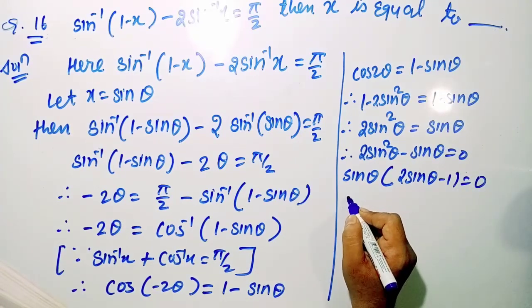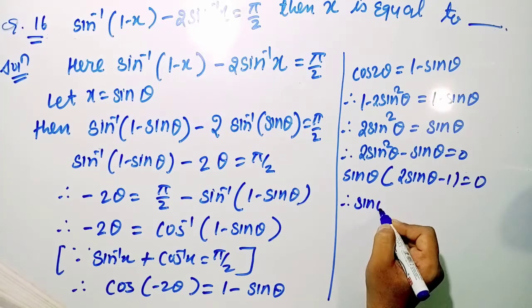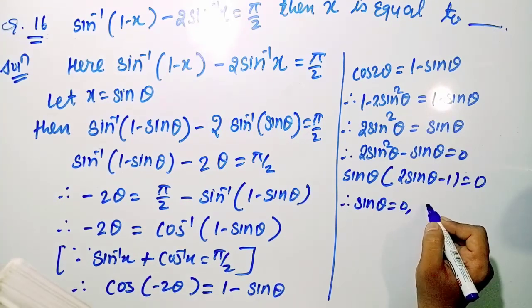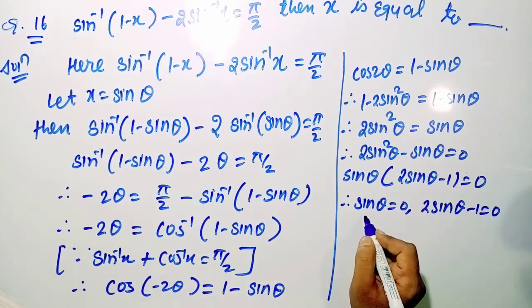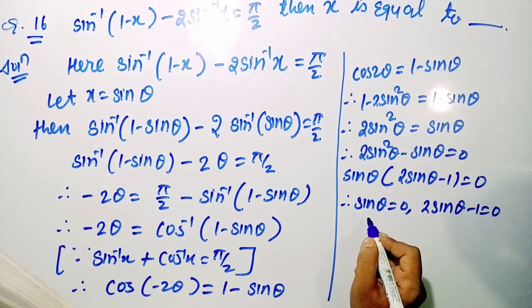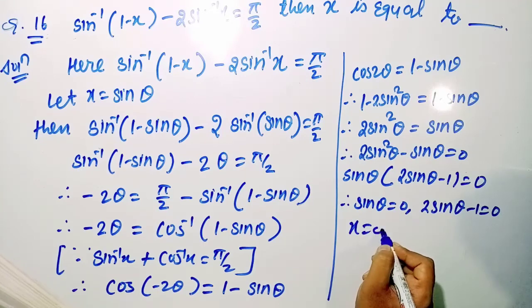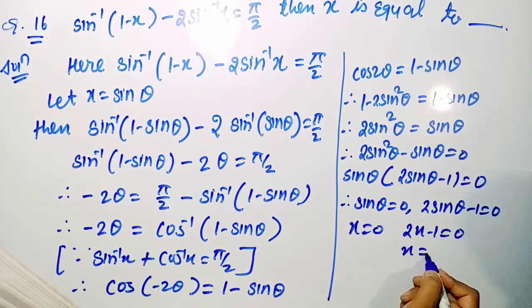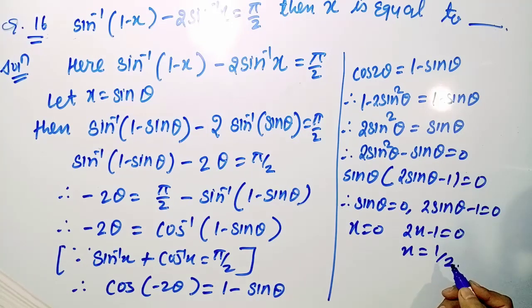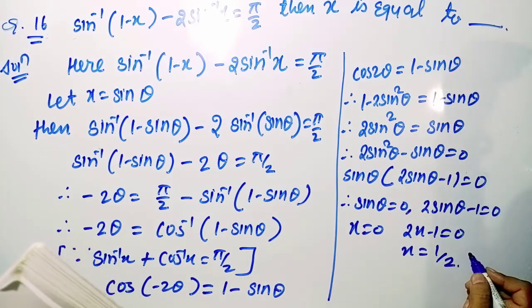Here it is, sin theta is equal to 0, and 2 sin theta minus 1 is equal to 0. So sin theta is equal to 0 over here, right? So we can write x is equal to 0 and 2x minus 1 is equal to 0. So x is equal to 1 by 2, right student?